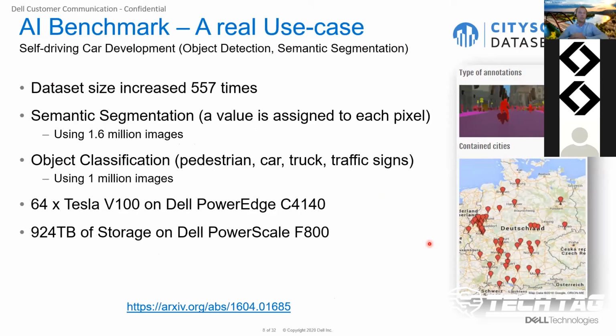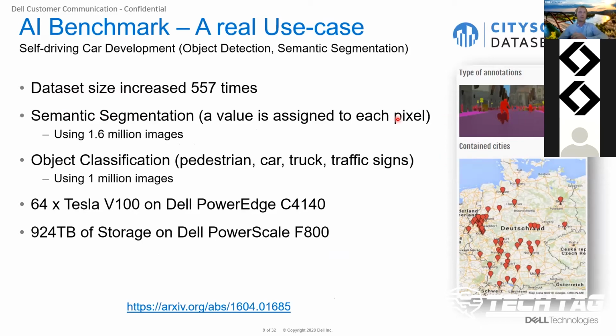So we've conducted a huge AI benchmark on a real use case. We've increased the dataset size by 557 times, and we focused on semantic segmentation, where we've assigned a value to each pixel. Take a look at the image in the upper right corner.